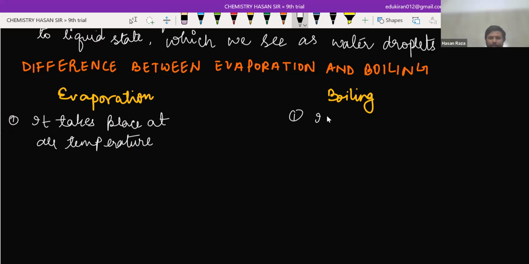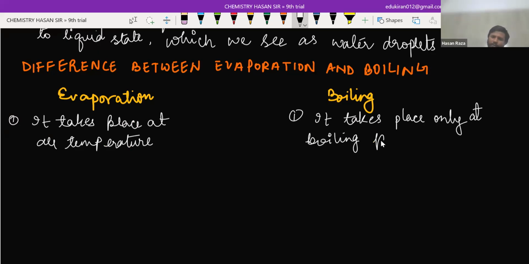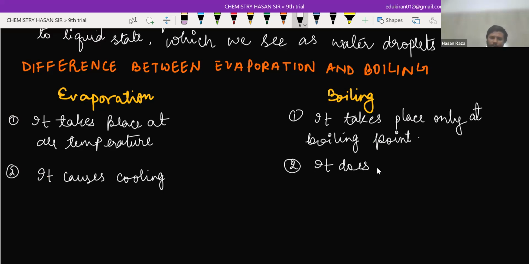And when we talk about boiling, it takes place only at the boiling point, a certain temperature which is fixed. The second point we can write: evaporation causes cooling, and boiling does not cause cooling. It causes heating basically.